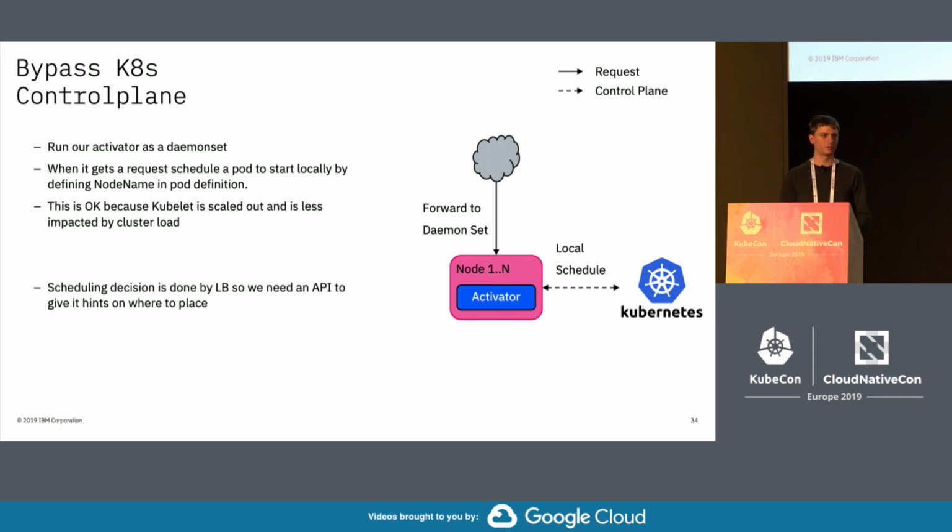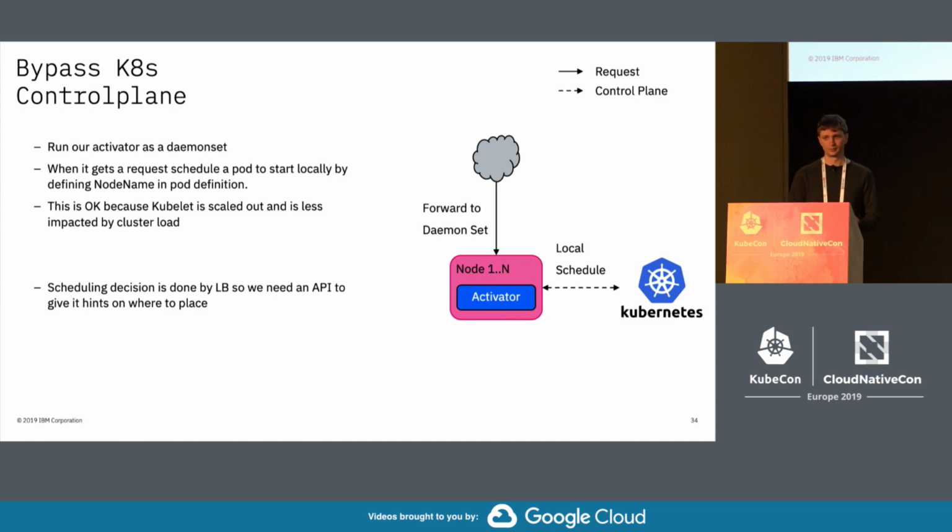If you know how scheduling in Kubernetes works, there's a node name that gets written into a pod, and that's what tells kubelet that it should start looking at that pod definition and run it locally. As a user, you can just write a pod definition with that node name already populated, which bypasses scheduling in Kubernetes entirely. So what we're hoping to do is run activators as a daemon set on every node and locally schedule pods to that same node when requests come in, which bypasses most of the Kubernetes control plane. Notably, this doesn't bypass kubelet.